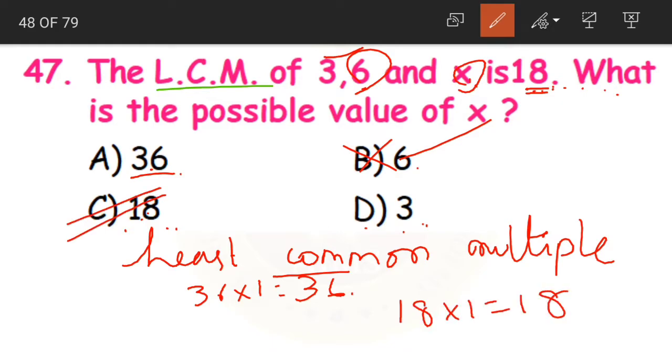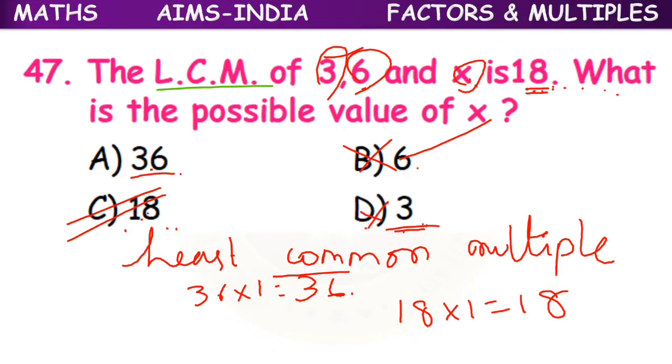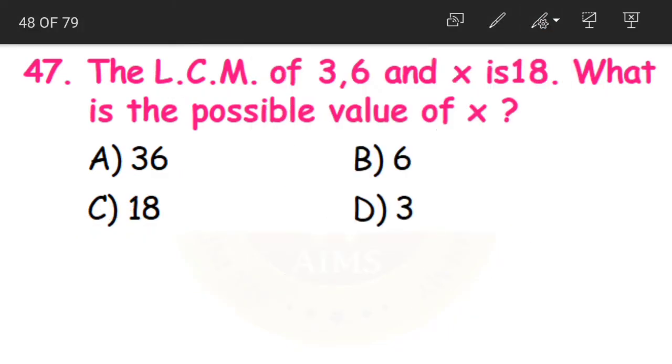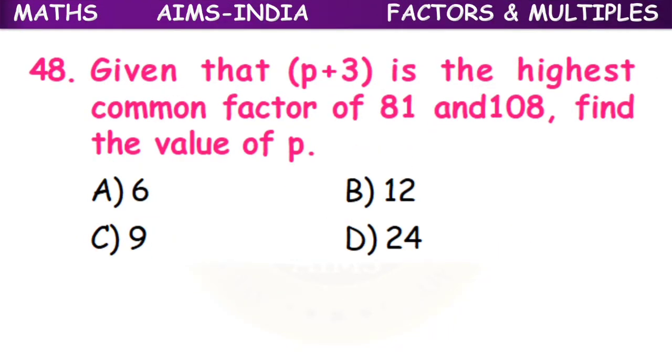So option C, 18 becomes our correct answer. Again if you look at option D, children, 3 is already given in the question, so again D cannot be our answer. What is the correct answer? Option C, 18.